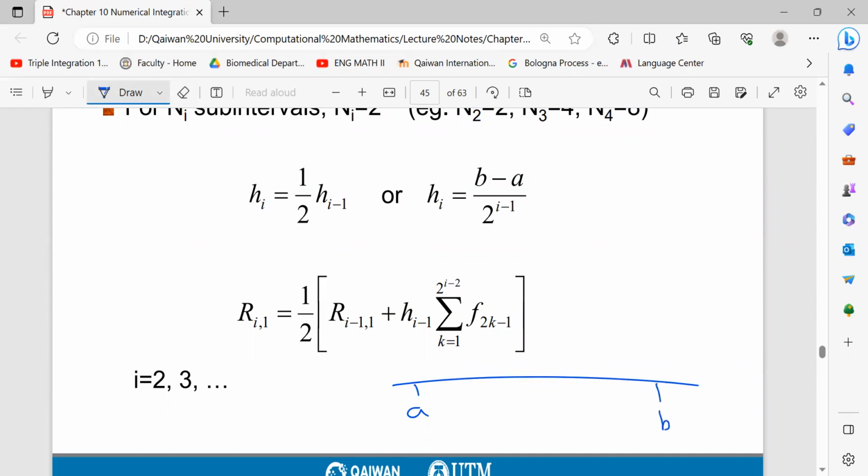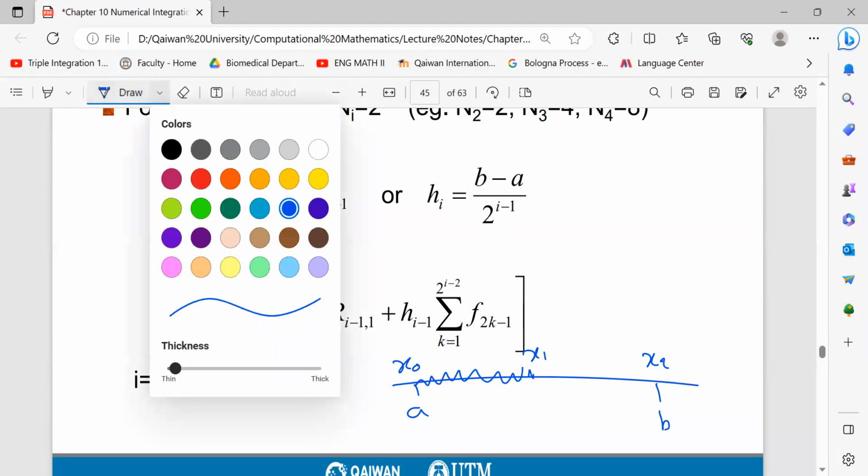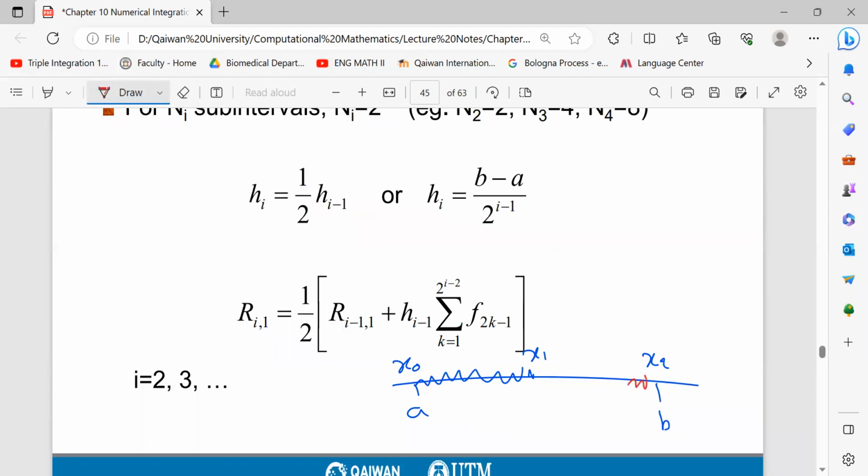If you have two subintervals, here we have an x in the middle. This is x0, x1, and x2. We have two intervals, x0 to x1, and x1 to x2.